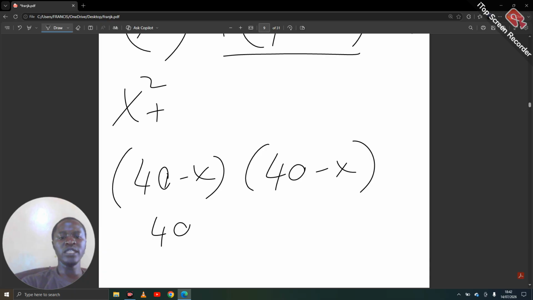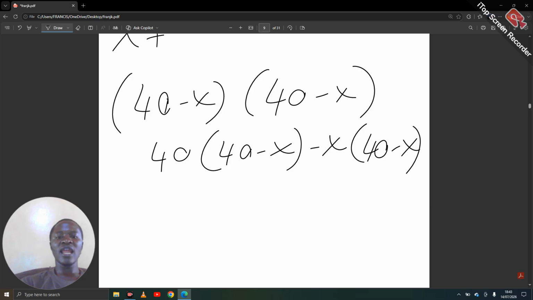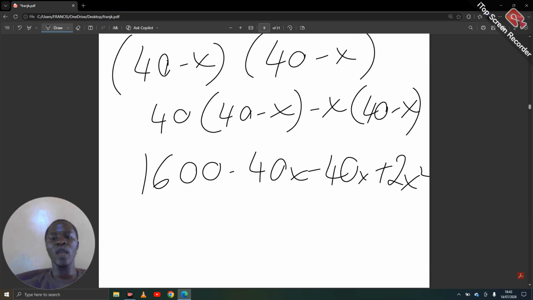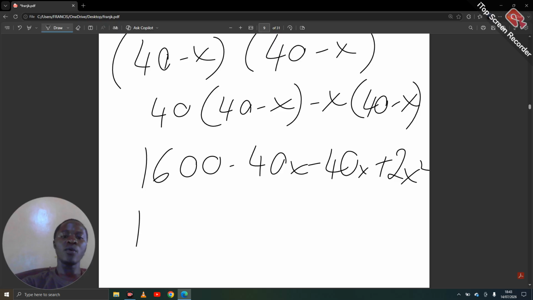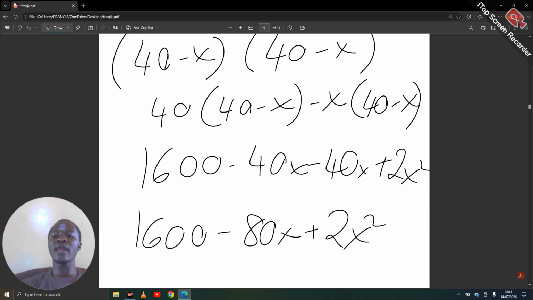So it is 40 into 40 minus x into 40 minus x. So we shall have 4 by 4 is 16, that is 1600 minus 40x minus 40x plus x squared. So we are having 1600 minus 80x plus x squared.